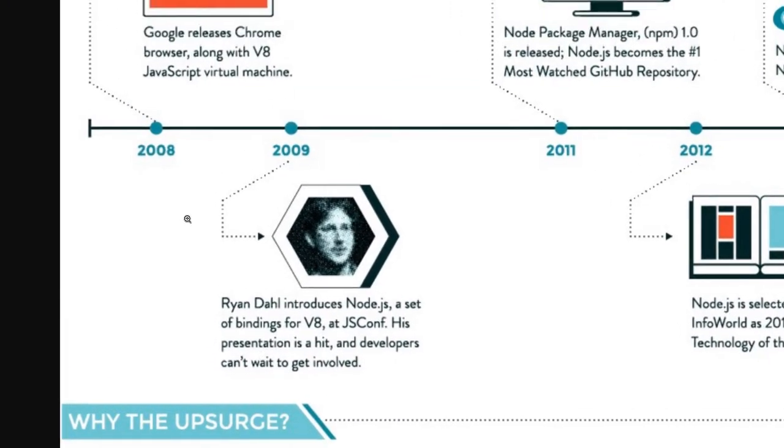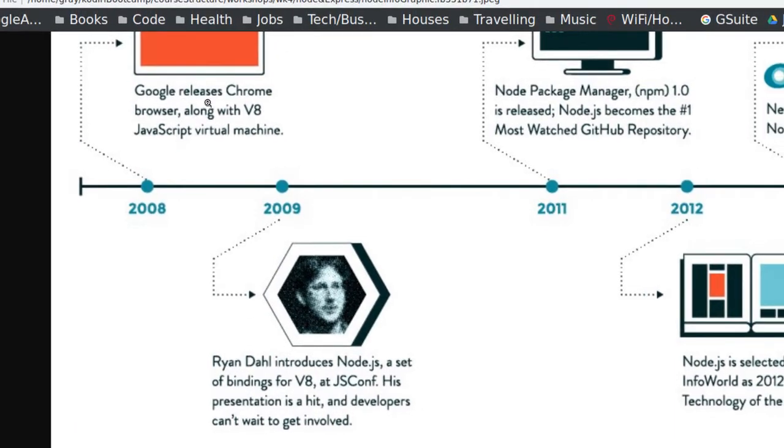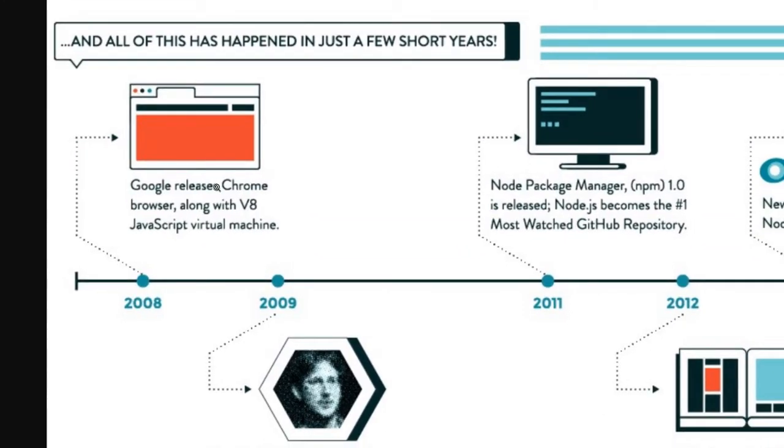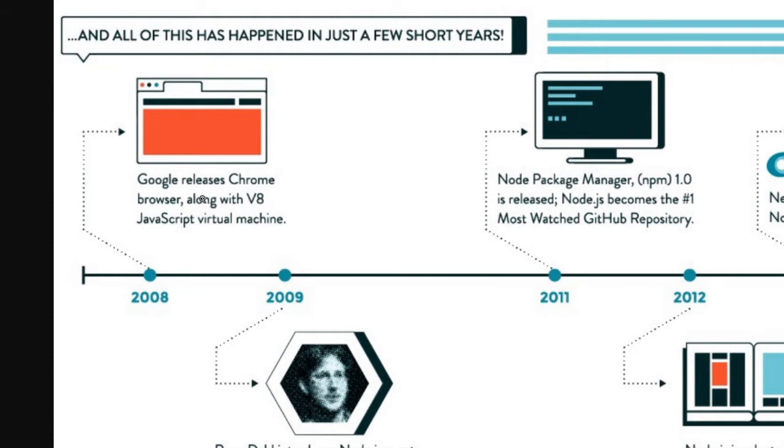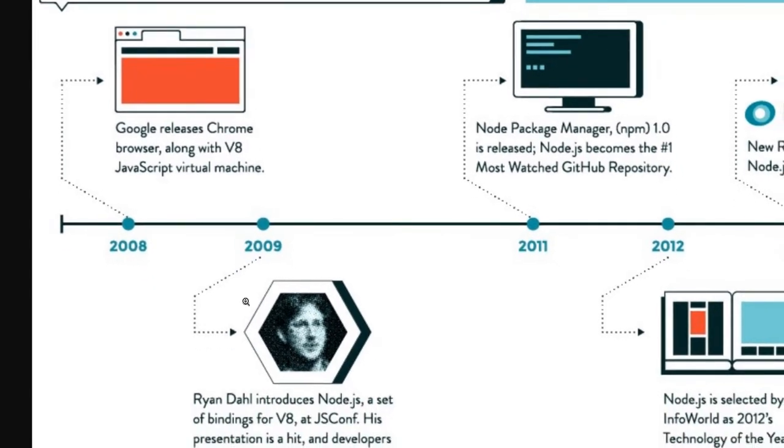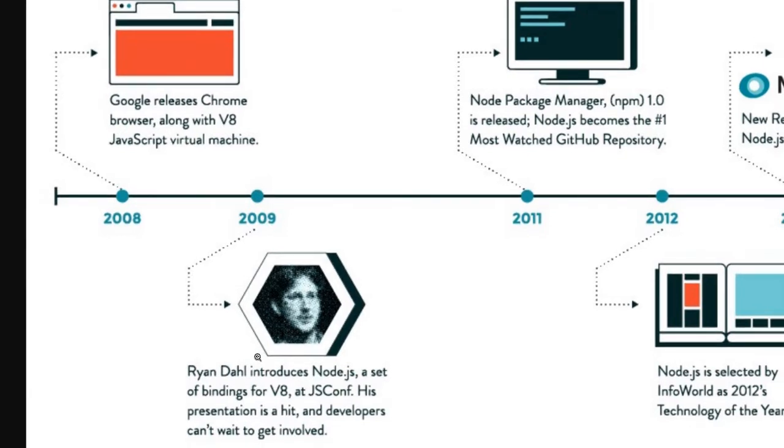What did he do? Well, he took the very powerful V8 engine, which is essentially the JavaScript engine that runs your code in Google Chrome. And he took that and packaged it in a different environment to allow us to run JavaScript code outside of the browser and in a lot more secure way.